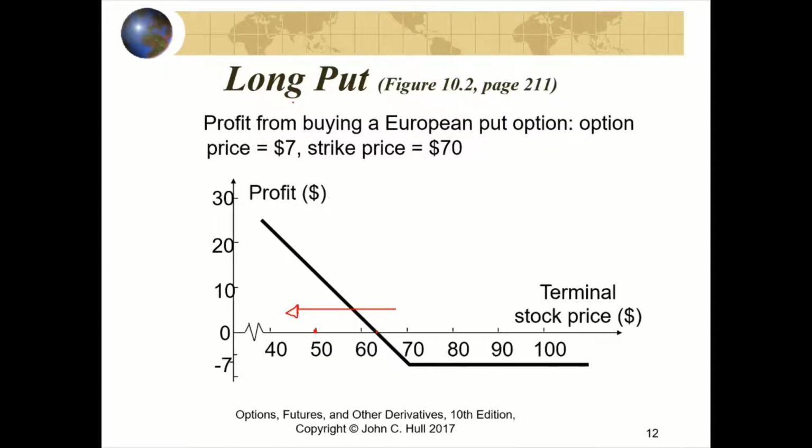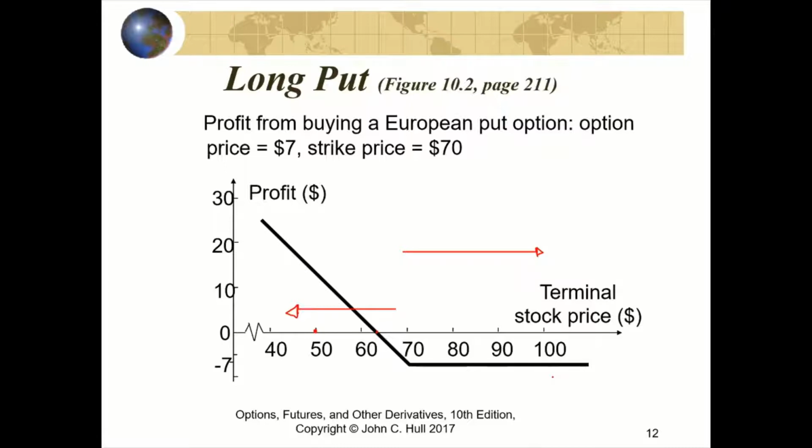Now how about the risk and potential for a long put? We observed that as the price increases, what happened to the profit? The loss will increase until it reaches a certain point, and then it becomes flat.